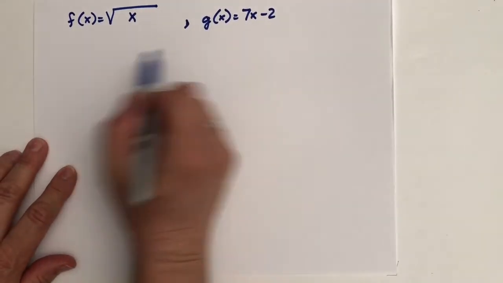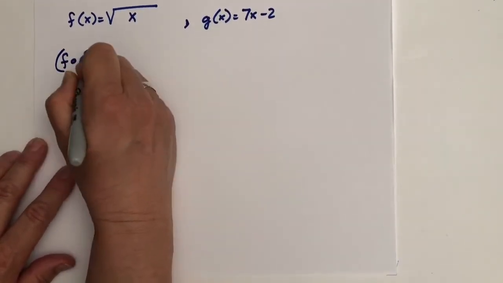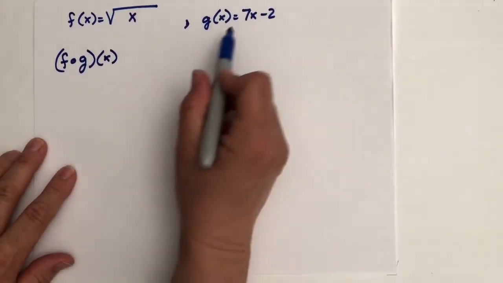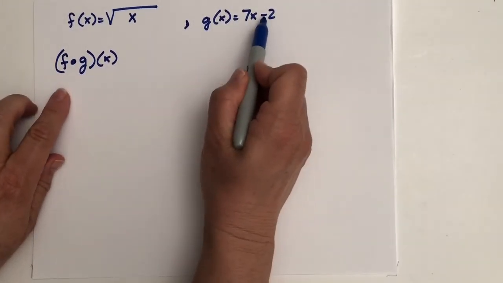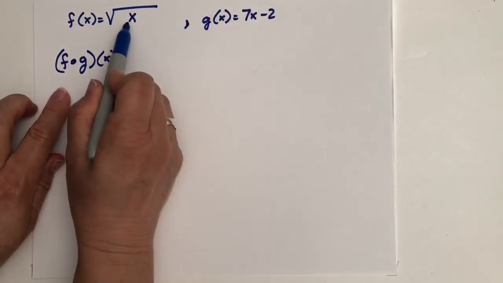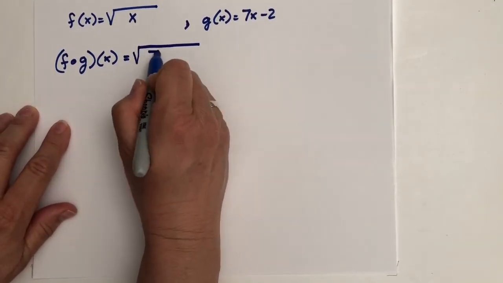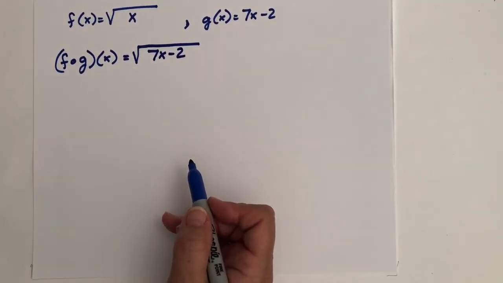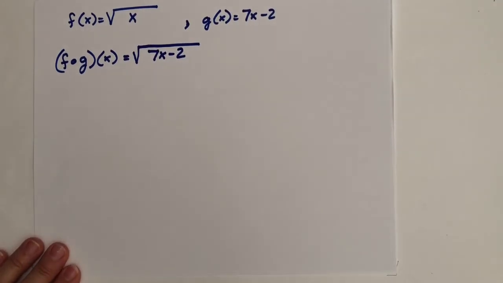I hope you can see where we would head with this if we wanted f composed with g of x. Notice our g function is the inner function this time. It's being substituted in for x. So we would have the square root of 7x minus 2. And there is nothing else to do to simplify it.